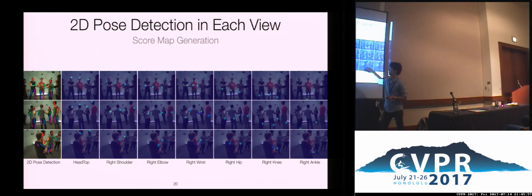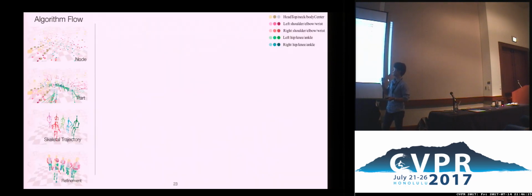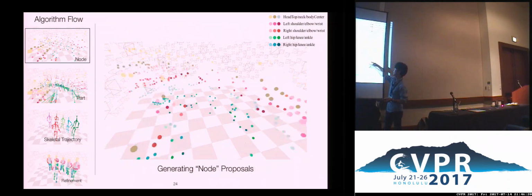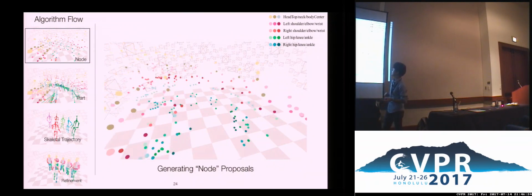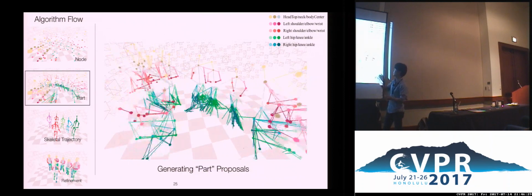For each part, we generate a 3D heat map. For example, let's assume that we have a 3D space. For each voxel point, we project it to all the viewpoints and average them out. After some thresholding, we get candidate points for each joint, and we merge them together in a bottom-up sense.